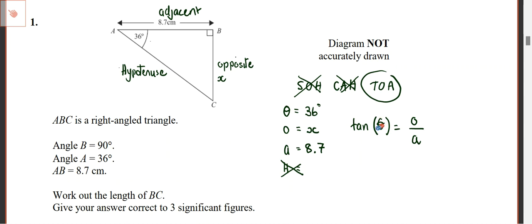I did put brackets, but we didn't before, so we could just say tan of theta equals that. Now what I do is I put in the numbers I've got. So I know that tan of 36 degrees is equal to x divided by 8.7. Now you can see, if I get my numbers wrong, everything's going to be wrong, right? I have to identify those sides.